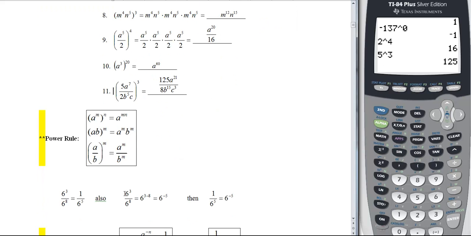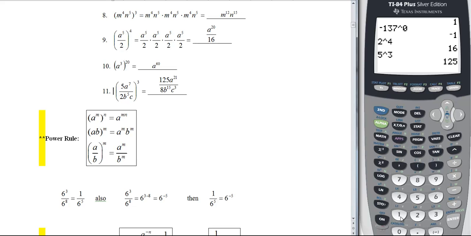Well, if I do the base, top exponent minus bottom exponent, if you'll notice, I have 6 to the negative 5, because that's what I get when I do 3 minus 8. So since these two problems come from the same place, they have to be equivalent.